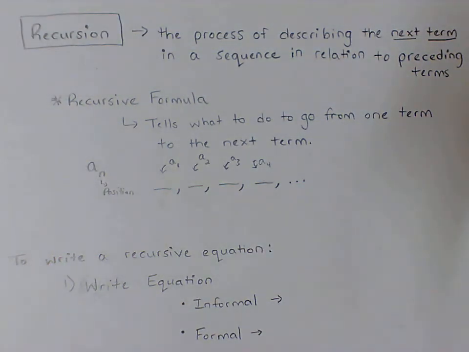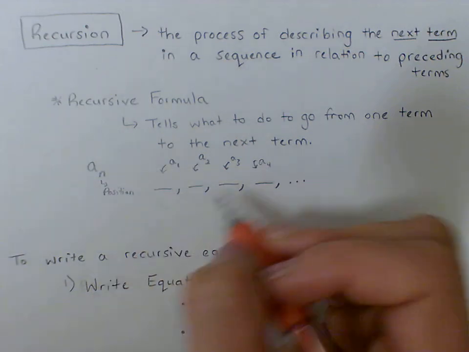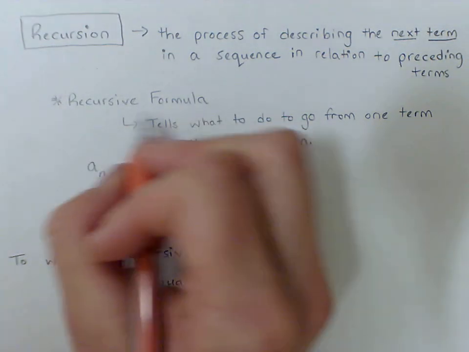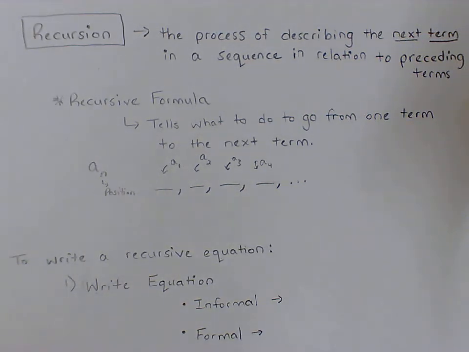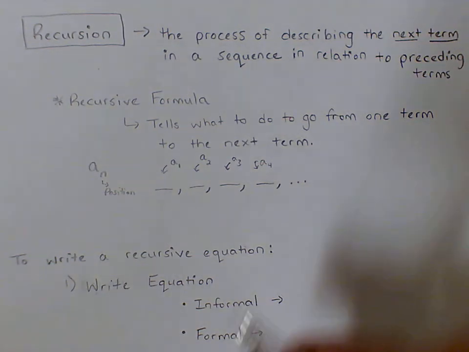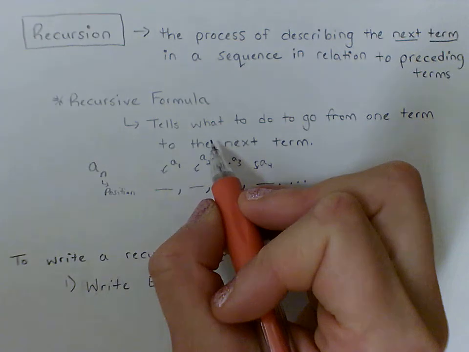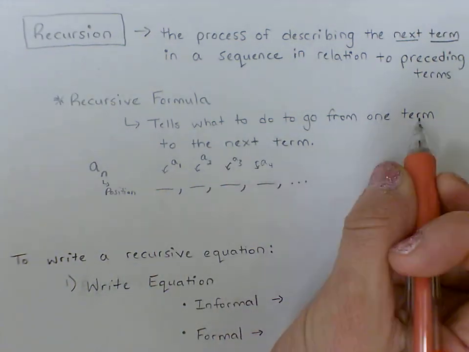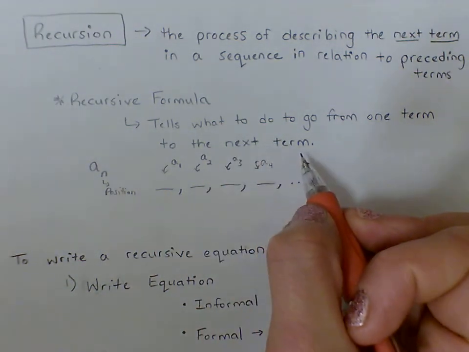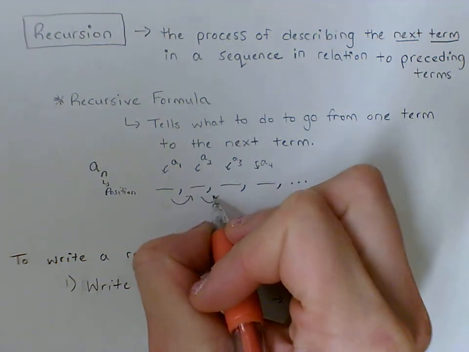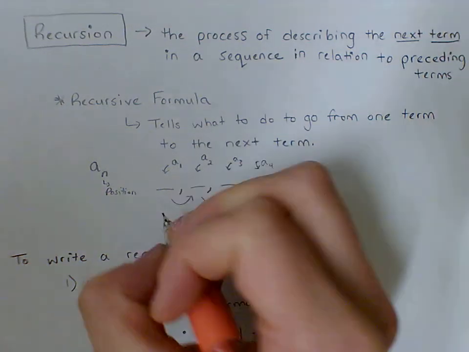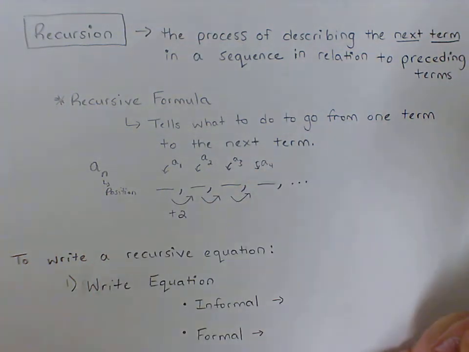We are going to be using this notation to help us write these recursive equations or recursive formulas, okay? Before we can actually do that, I want you to understand how it works. Again, you're telling what to do to go from one term to get to the next term. So let's say that when we figured out the pattern of this sequence, we were adding 2, just to keep it simple.